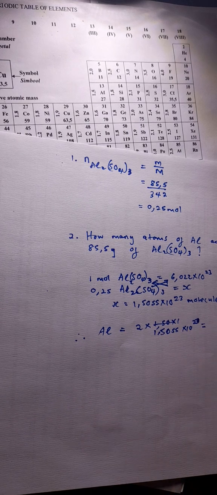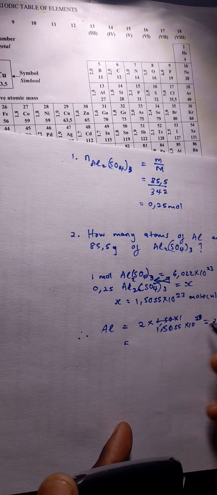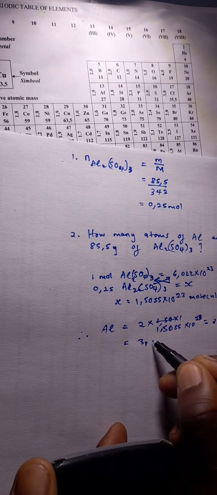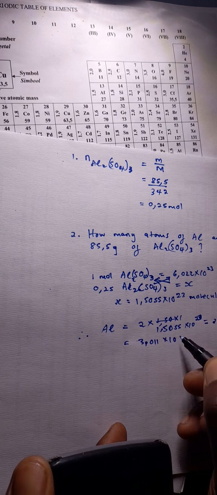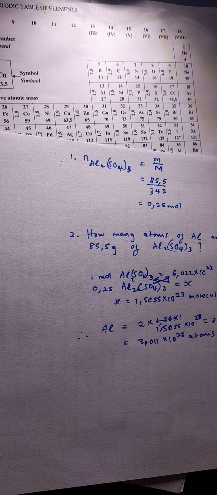You multiply that by 2, and I'm getting 3.011 times 10 to exponent 23 atoms of aluminium that are there.